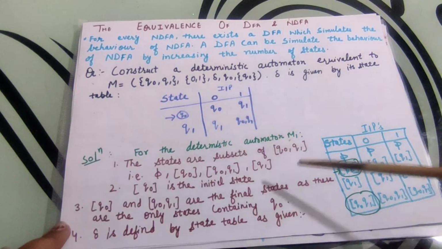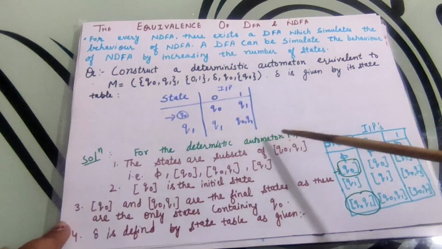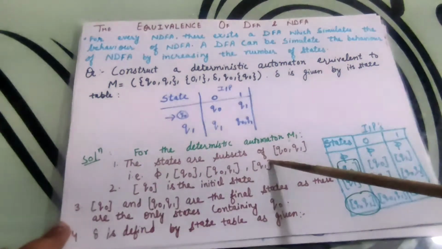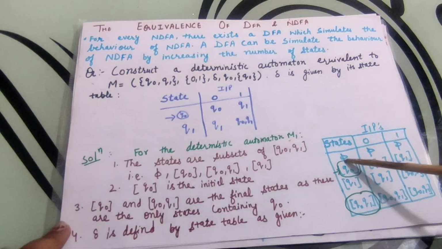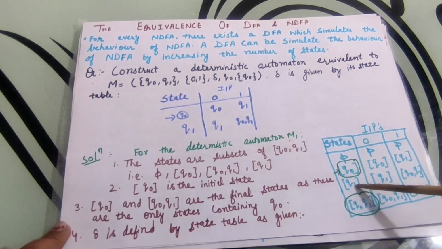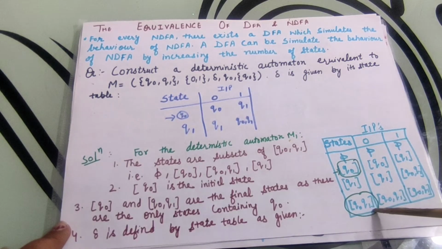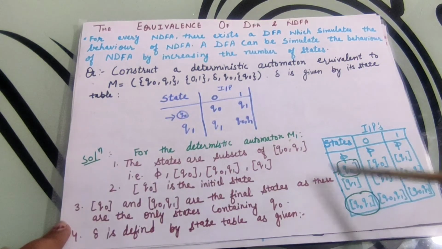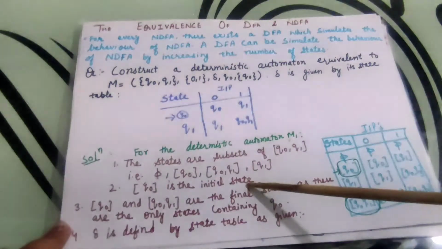So we conclude that for the deterministic automaton, the subset states of Q0, Q1 are phi, Q0, Q1, and Q0 and Q1. Secondly, we determine Q0 behaves as an initial state.